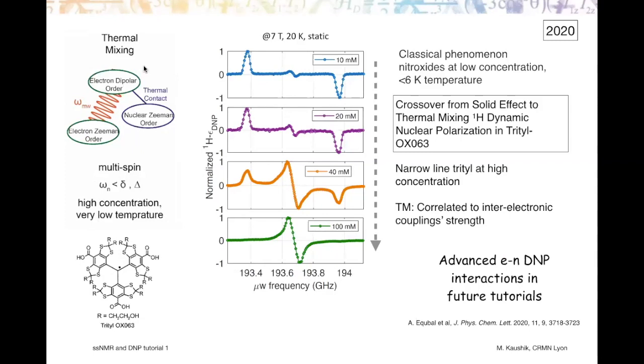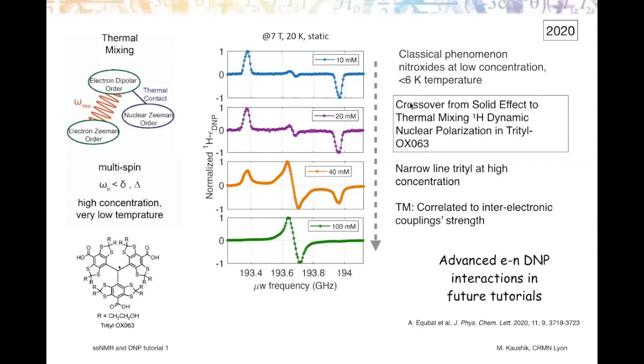So here, what Asif Iqbal from UCLA found is that by increasing the concentration of trityl from 10 millimolar to 100 millimolar, there was a complete lack of the negative and positive lobes from the DNP profile.